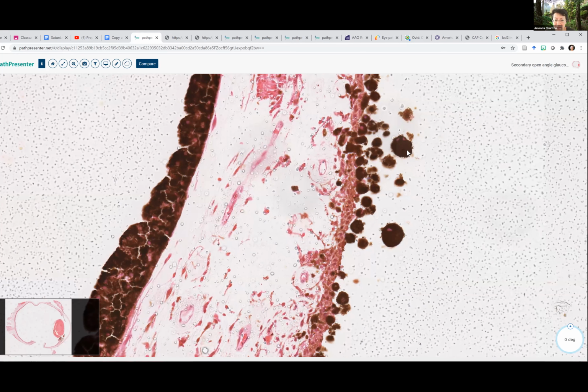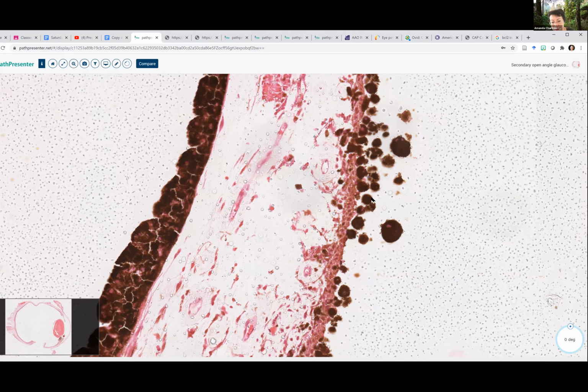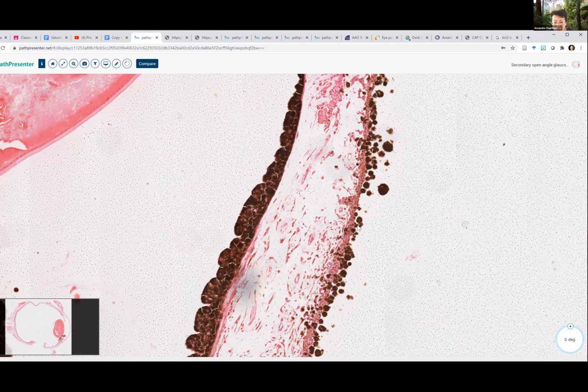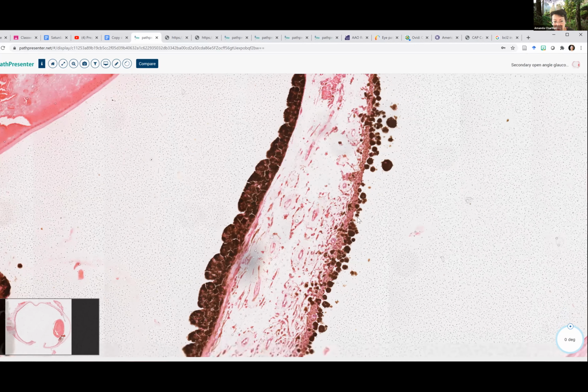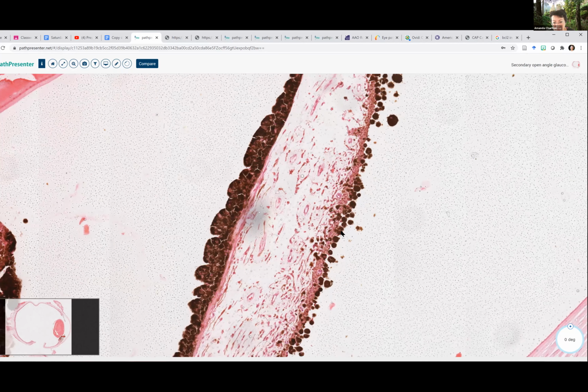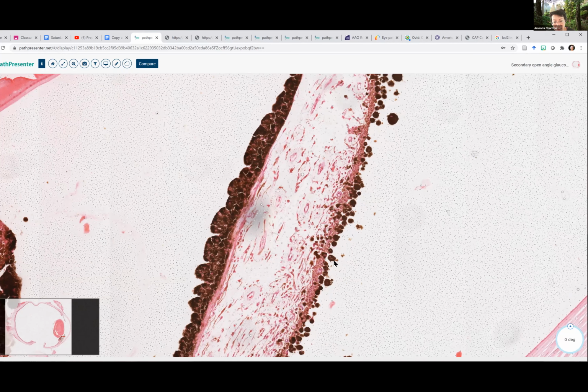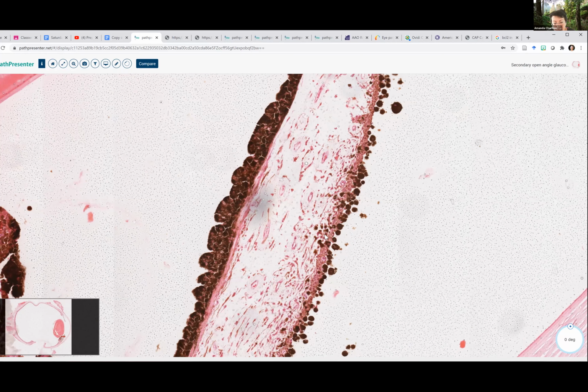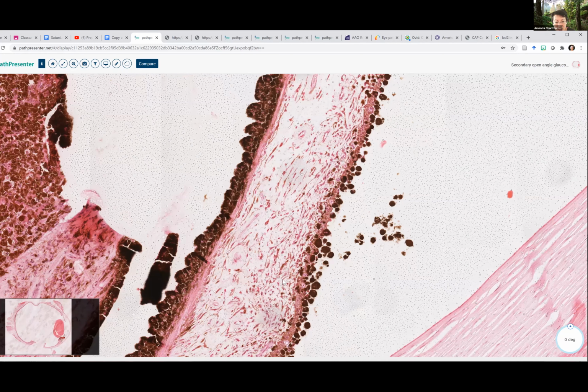They look like they're probably melanophages, macrophages that have gobbled up excess pigment. And this would cause heterochromic iris, particularly on this leaf of the iris, whereas the superior part doesn't have so much anterior pigment. So iris heterochromia, pigment in the anterior chamber. A lot of pigment here. This could be a combination of melanophages and or malignant melanoma cells.